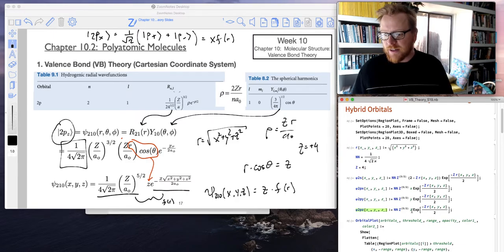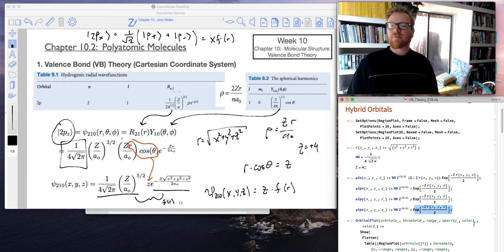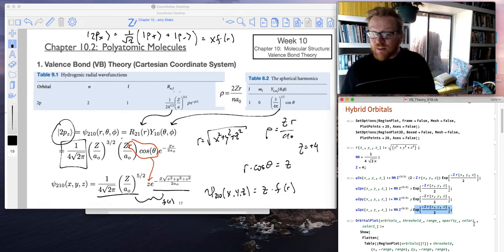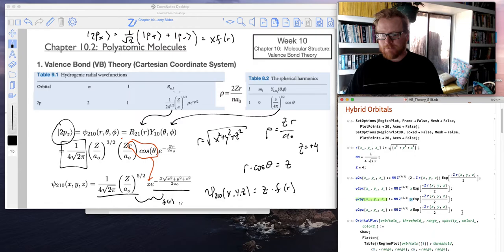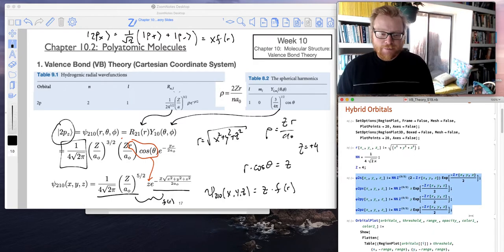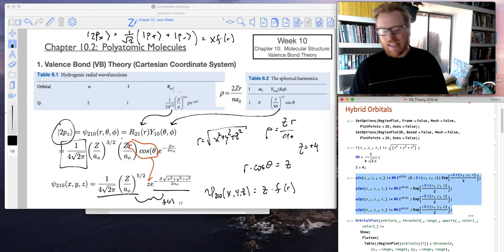And then now look, times z times exponential of negative Z times r divided by 2. And then look, I can use this exact same function for the px and the py. It's identical except for the px, I put an x, and for the py, I put in a y. And so now I have got all of my atomic wave functions, my hydrogen-like atomic wave functions, coded up.